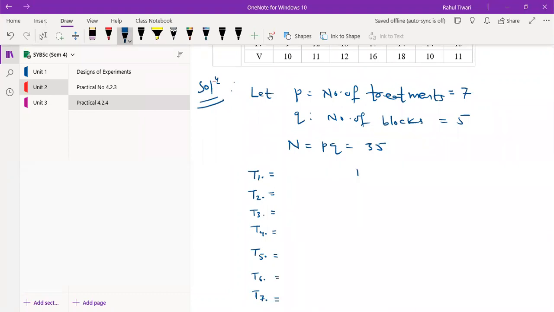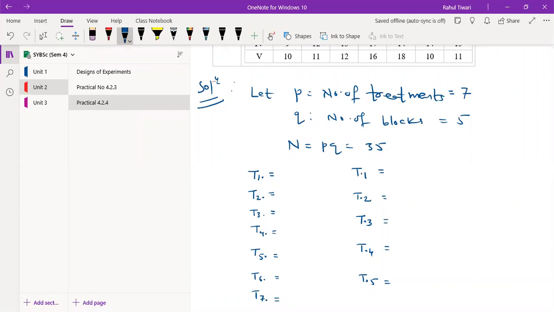Similarly, get the total of T dot J. So T dot 1, T dot 2, T dot 3, T dot 4, T dot 5. So we have a total of 5 blocks, right? So you will get the 5 totals.